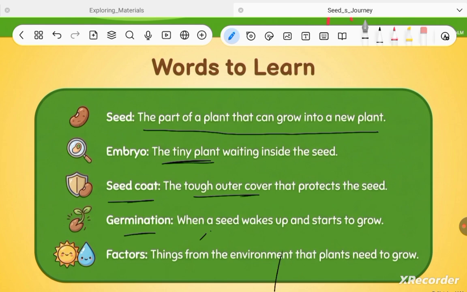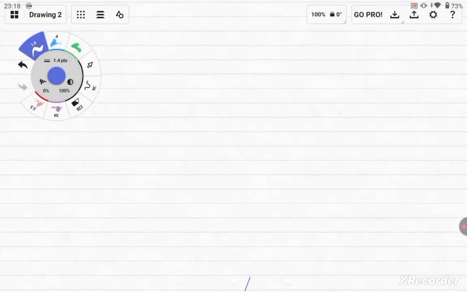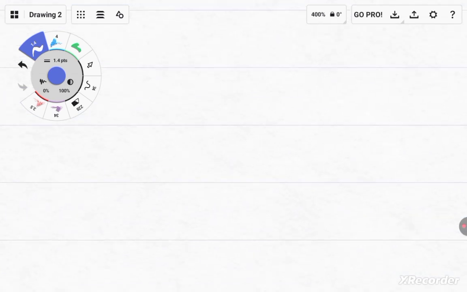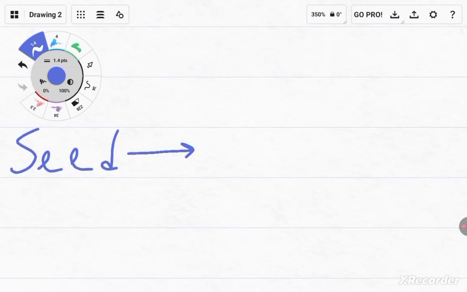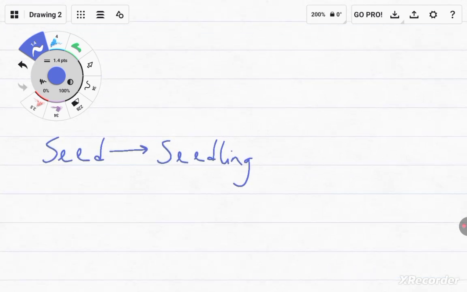There are two major steps that take place when you are growing plants. The first step is, you remember I said you have a seed turning into a seedling, and then the seedling turning into a plant.